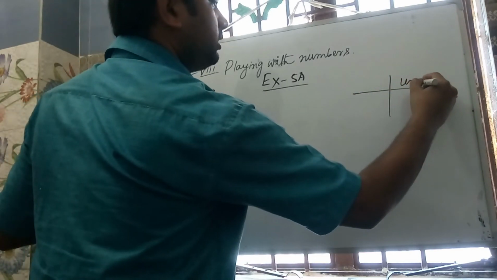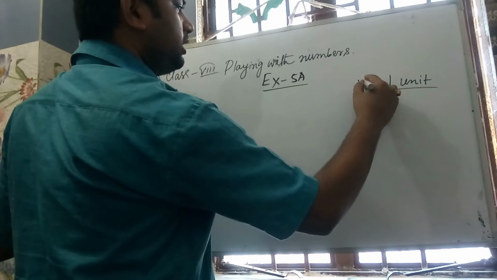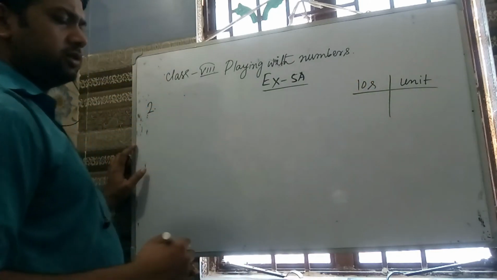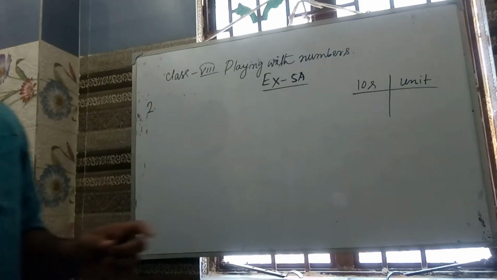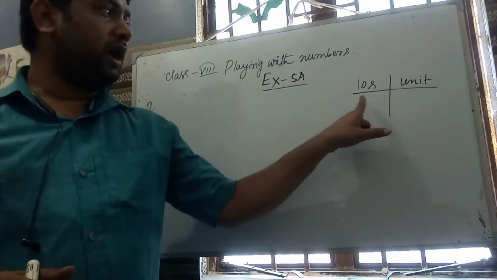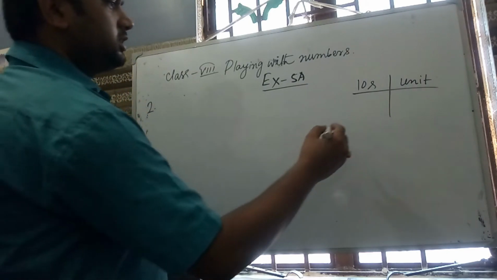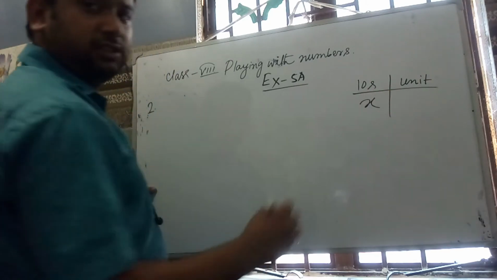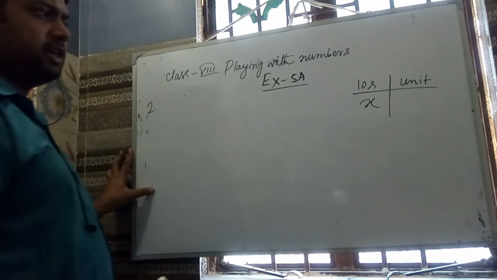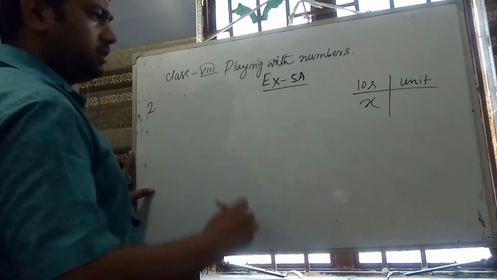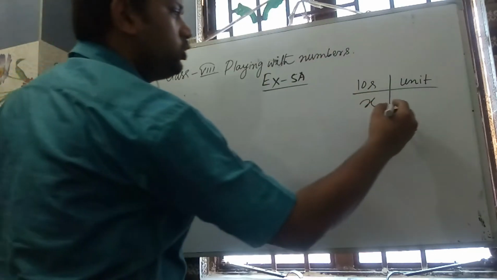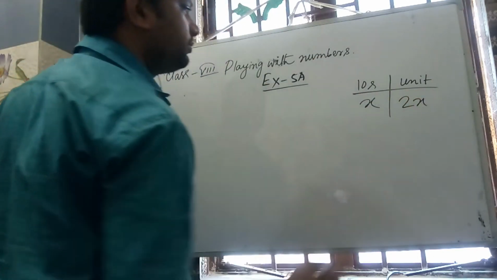Here we will write unit digit, here tens place digit. What is given? The unit digit is twice the tens place digit. So that means we have to consider the tens place digit first. That is x we are considering. So the unit digit will be twice, that is 2x.